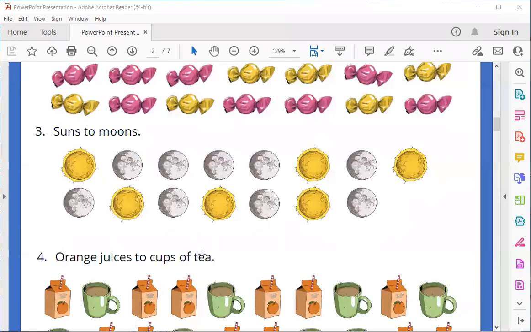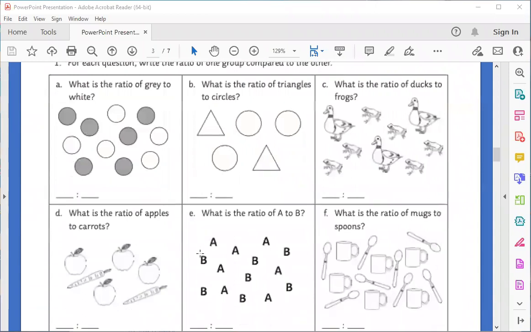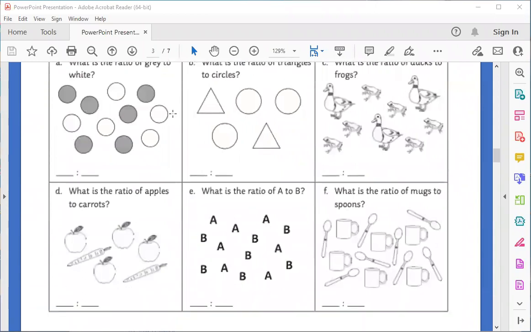All right. Now with that, let's go and look at some questions. For example, let's do E. What is the ratio of A to B? So count how many A's there are. 1, 2, 3, 4, 5, 6, 7.